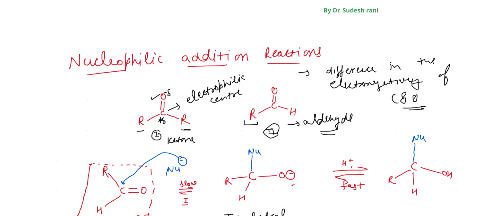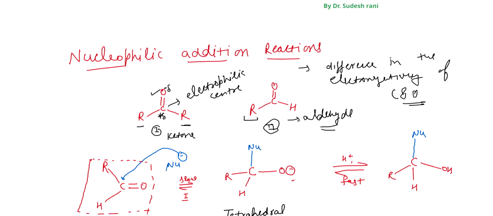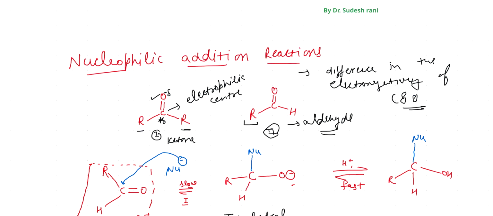As we know, a nucleophile carries a negative charge, so it is always attracted toward positively charged species. That's why it will attack this carbonyl center at the carbon.